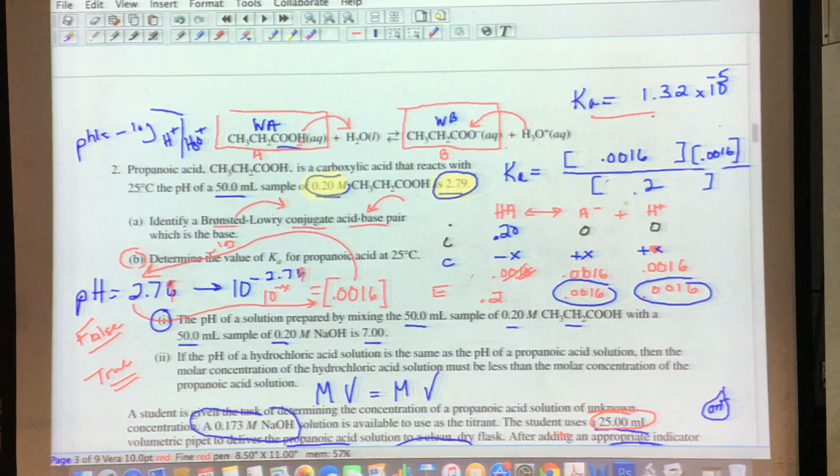So negative log of 1.2 E to the negative 5, and when I do negative log of that, I get a pKa equal to 4.87, well, 88, okay?